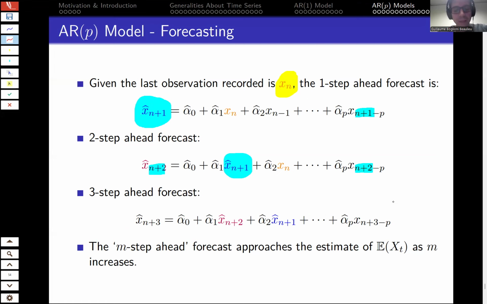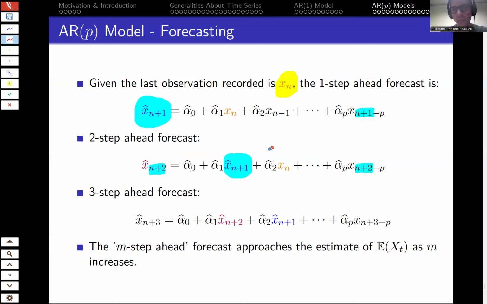Now, just as a comment, the predictions get worse and worse as you go further in the future, because, of course, we're already using in the model what is not an observed data point, but a prediction. So the further and further you go in the future, they get more and more unreliable.